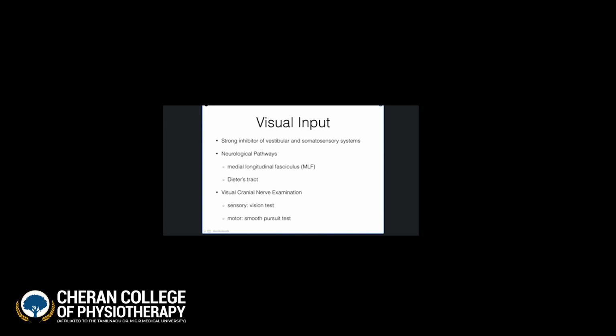So this slide explains how we get visual input and how you assess it through the vision test to the smooth pursuit test. I will explain how to do these tests later. But first understand that you should do these tests in every patient.